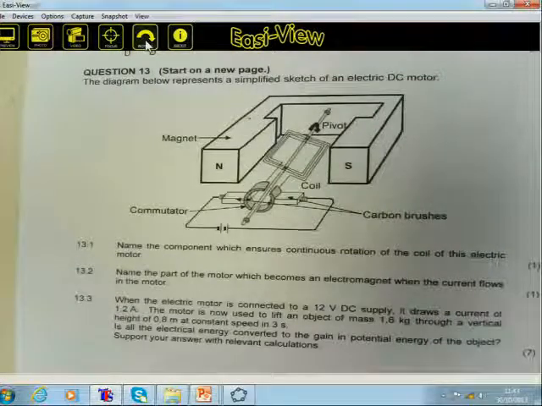And you will see there's really a few basic types of questions on motors and generators that they are asking you.